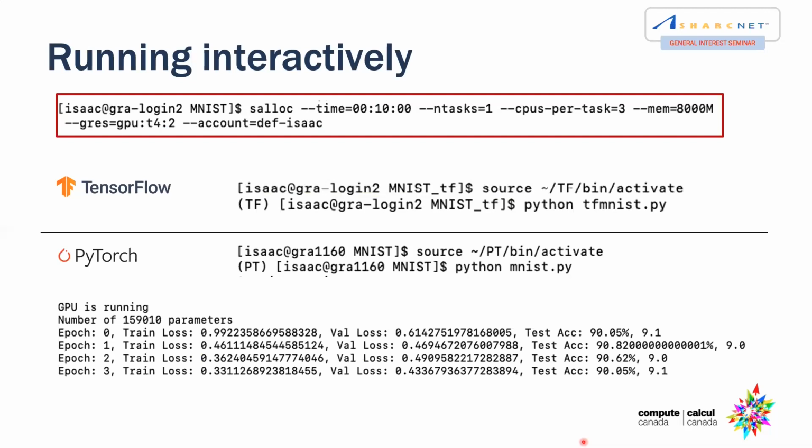First, the thing you want to try is running interactively, which means you get the resources in an interactive mode. In SharkNet or in the Graham system, there are two different modes to run your job. Technically, there are three, but running code without asking for any allocation, we call running in the login node.